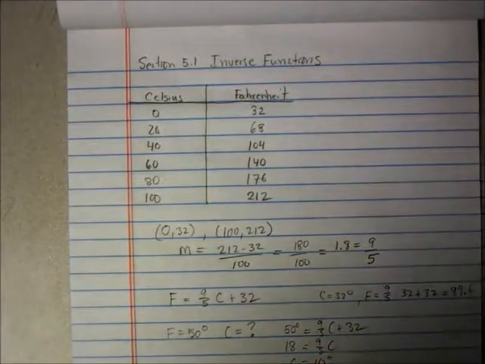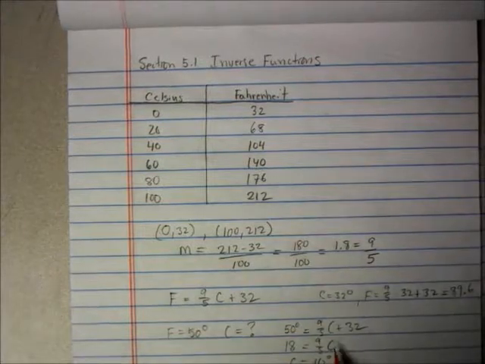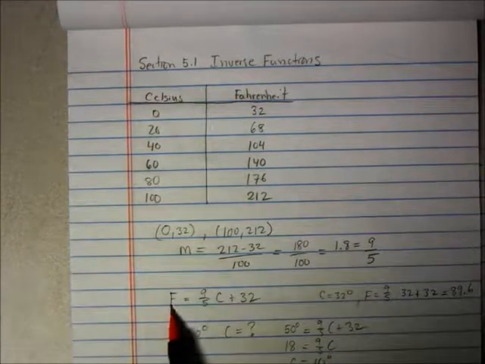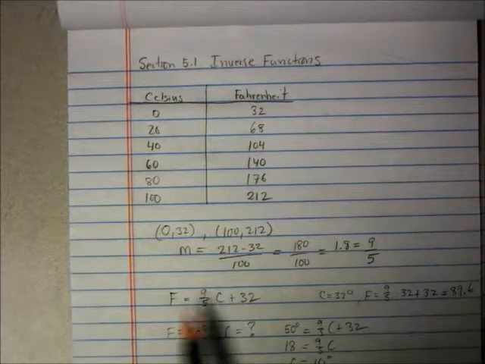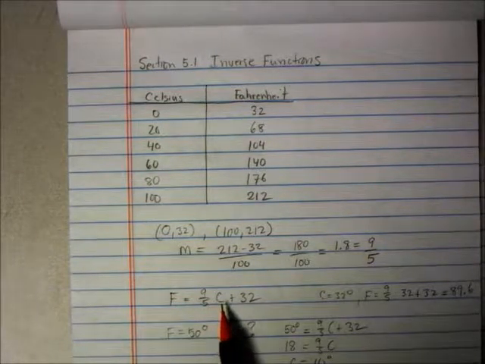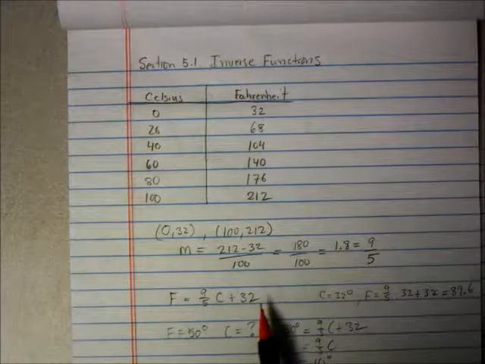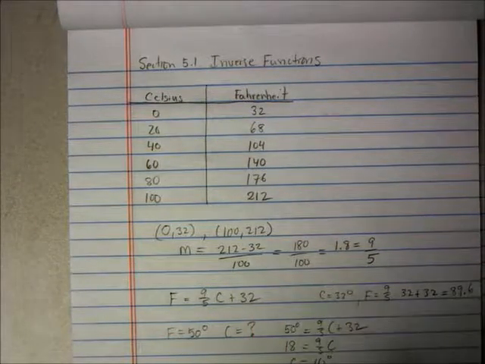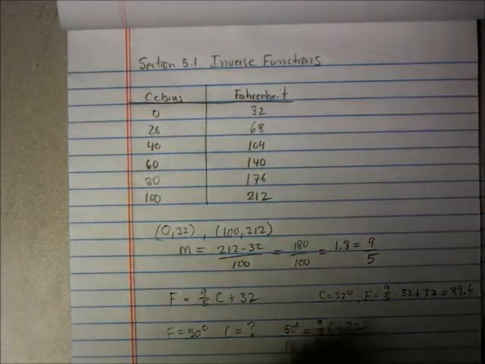But it would be a lot more helpful for this theoretical person if the F and the C interchanged positions. It would be a lot more helpful if we had C equals something with F in it. And that's called the inverse function.